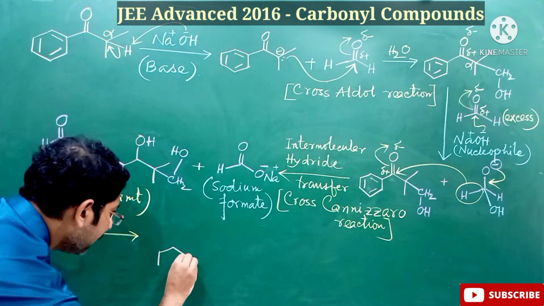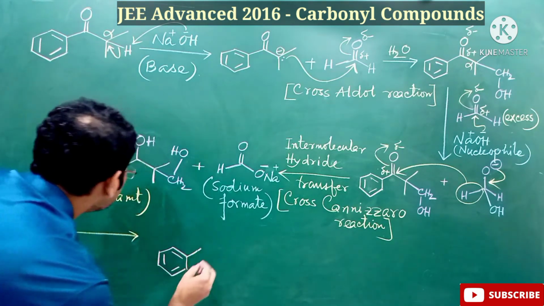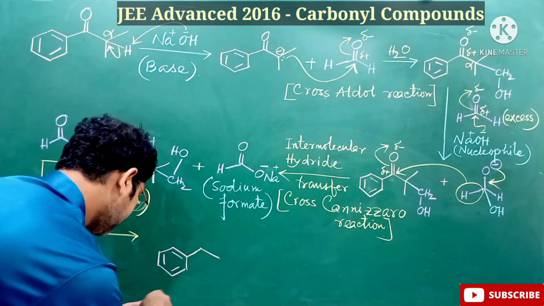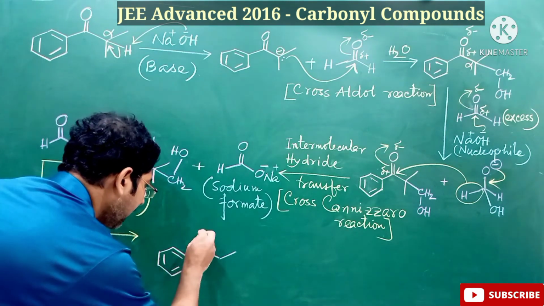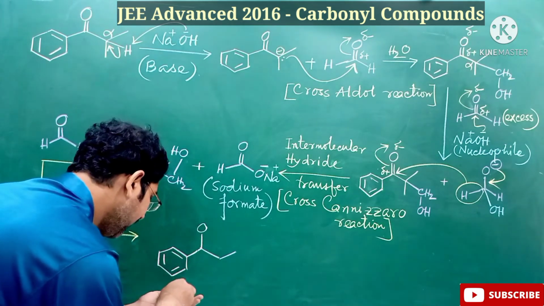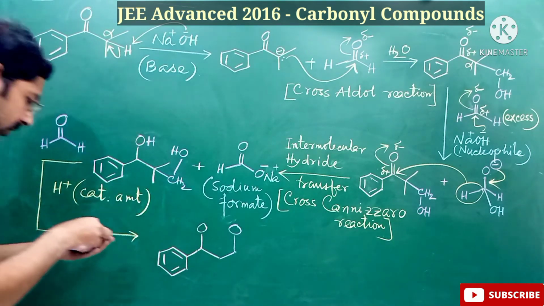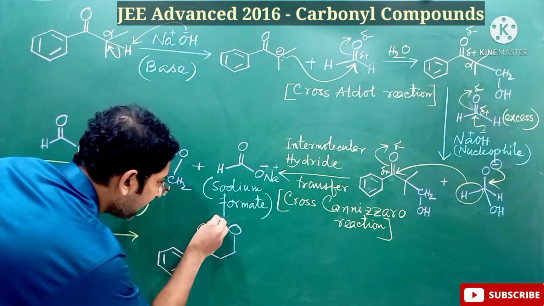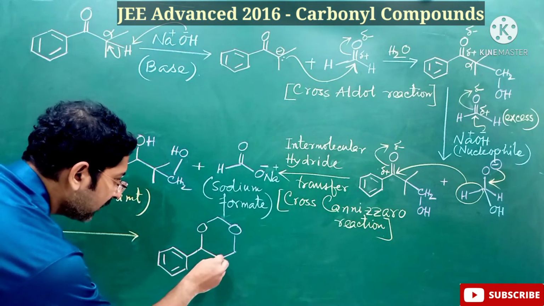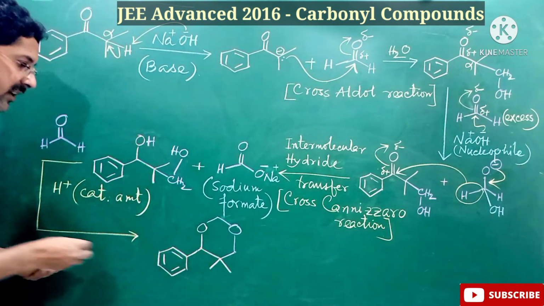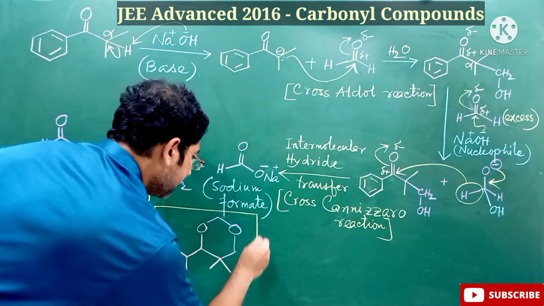Okay, so this one is this one, this portion, this is our oxygen and this is our oxygen, and finally this portion comes from formaldehyde, right, this one. So this is our final product and 2-methyl of course is present as it was there. Okay, so this is our final product.